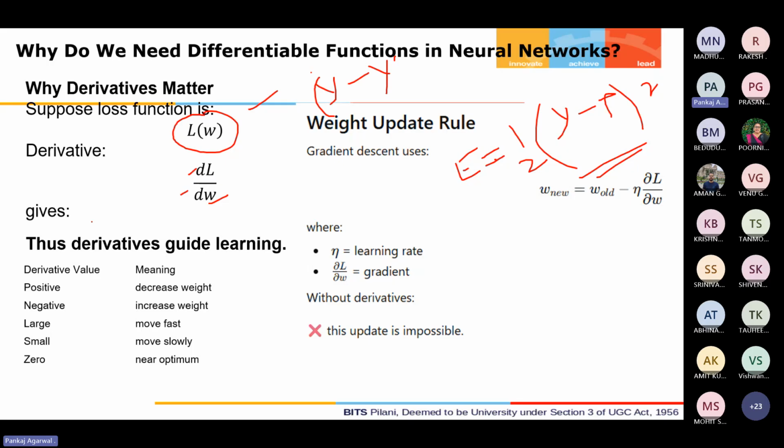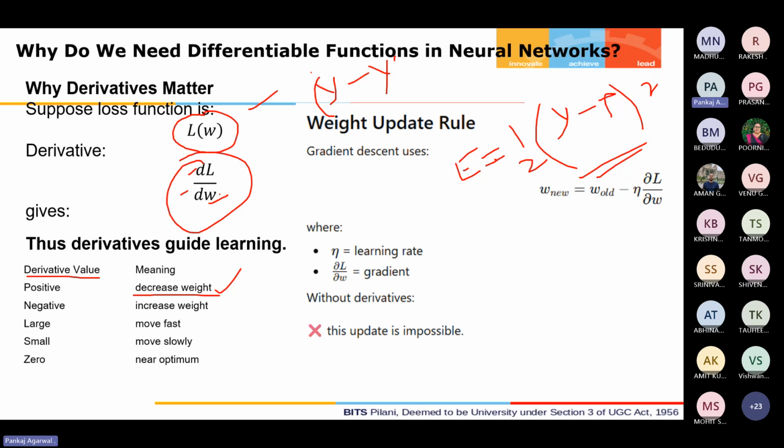So what I want to calculate is the change in loss with respect to the change in weights. If this derivative is positive, then I would be decreasing the weights.